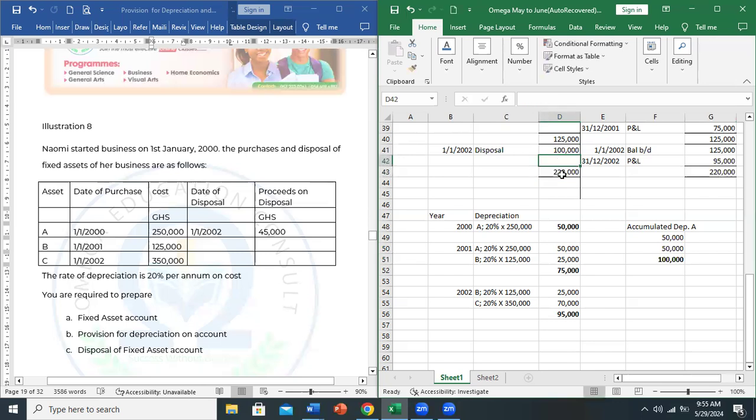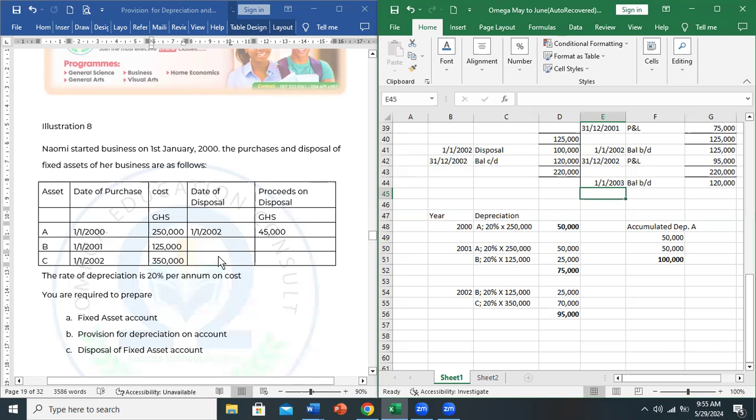So the difference is 120,000, and that is our balance carried down, 31st December 2002. So it will come down 1st January 2003, balance brought down 120,000. And we don't have to continue because that's where most activities ended.